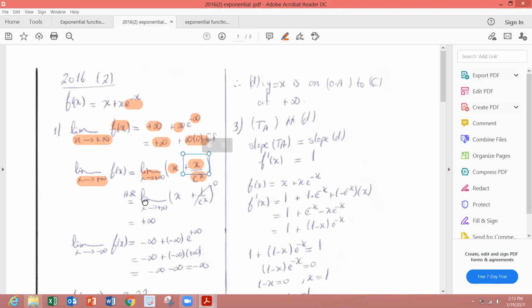Since we get infinity over infinity here, by Hospital's rule, x remains x. The derivative of x is 1, the derivative of e to the x is e to the x. Then 1 over infinity, since e to the power plus infinity is plus infinity, and a number over infinity is 0, so we get plus infinity.